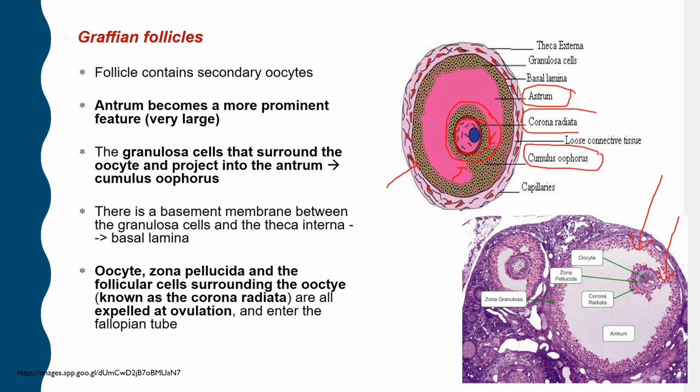So the oocyte with the zona pellucida and the follicular cells that surround them make up the corona radiata, and this will be the one that will be expelled during ovulation and will enter the fallopian tube. Besides that, in your Graafian follicle, you also will see there's a basement membrane known as the basal lamina that is formed between the granulosa cells as well as the theca interna.